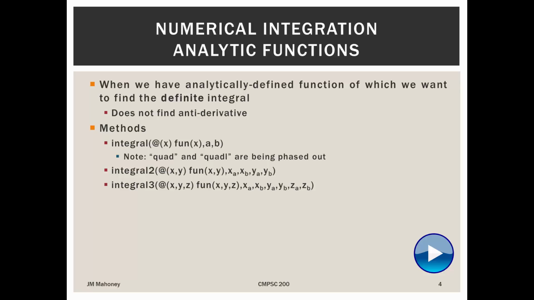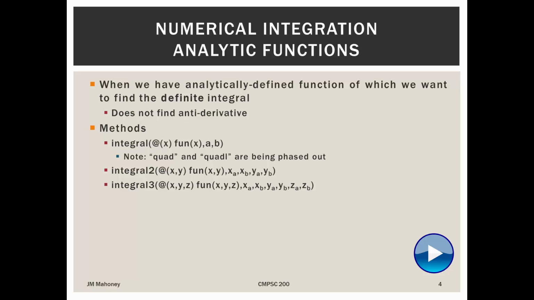Now, all the methods are going to work basically the same. Starting with the integral command, it takes 3 arguments. The first one is @x, which is what the variable is that we're going to integrate with respect to. Typically, I'll just call it x. And then we see fun of x, and that's going to be some function of one variable, x.